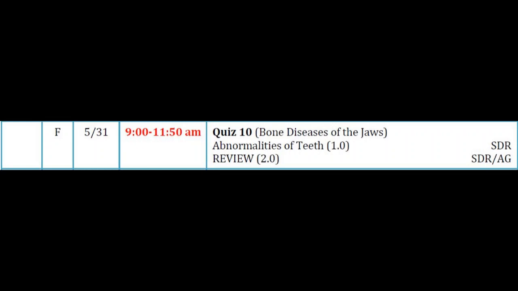A very important intrinsic stain to be able to recognize is a tetracycline stain. Tetracycline is an antibiotic that is also a vital dye, and the antibiotic becomes incorporated into hard tissues during formation and remodeling. Do teeth remodel? No, but bones do.